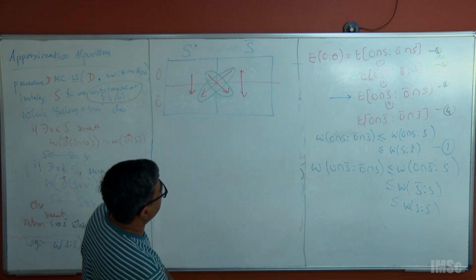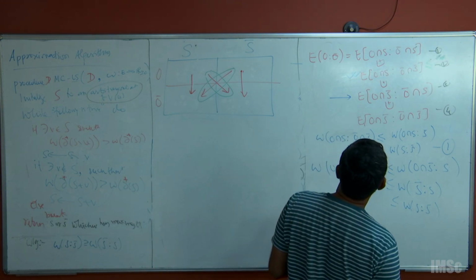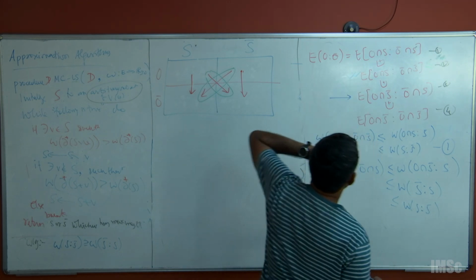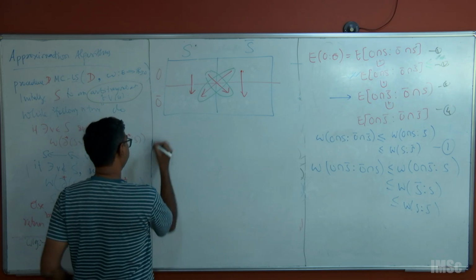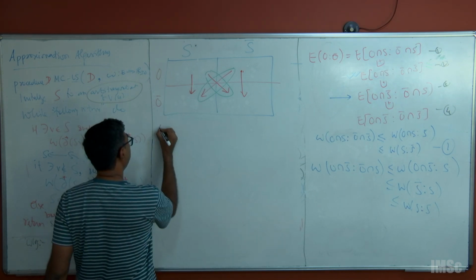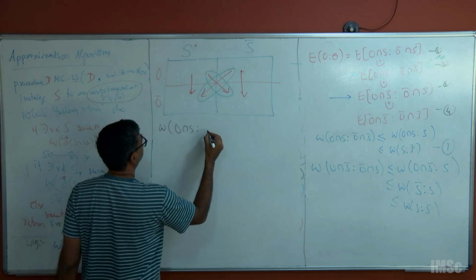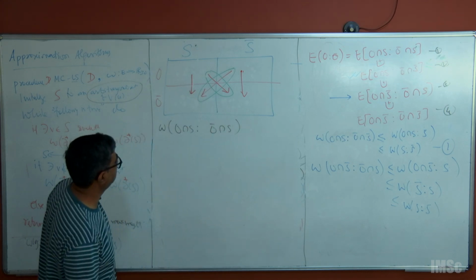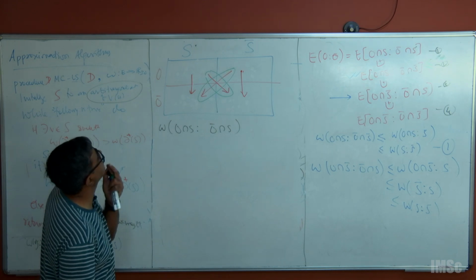So now what edges do I need to handle? Which cases have we handled? Let's pick up this one. The first one we have not done. We want to understand how the weight of O intersection S relates to O bar intersection S. This set of edges. Is that fine? Okay, this set of edges.